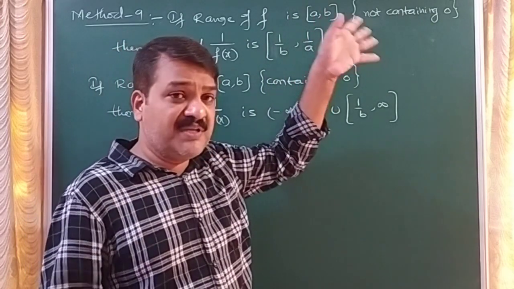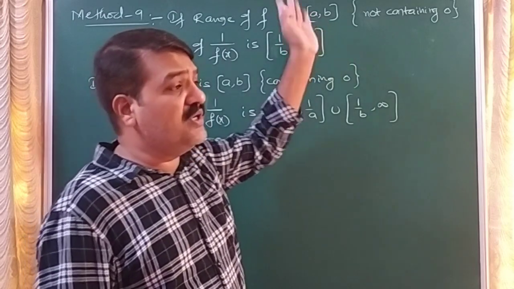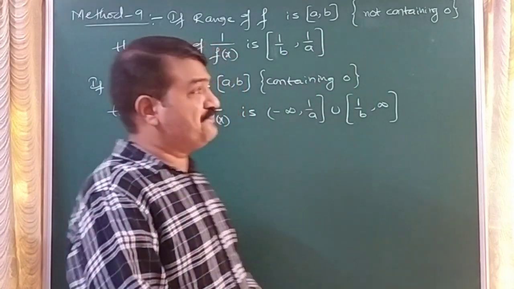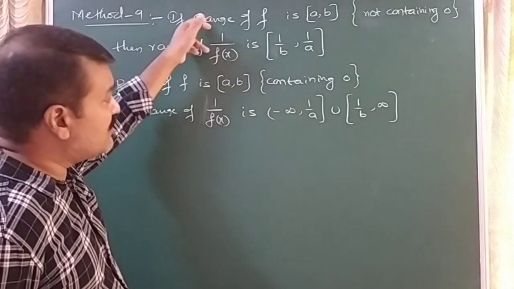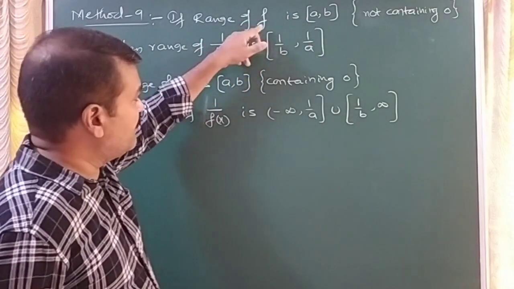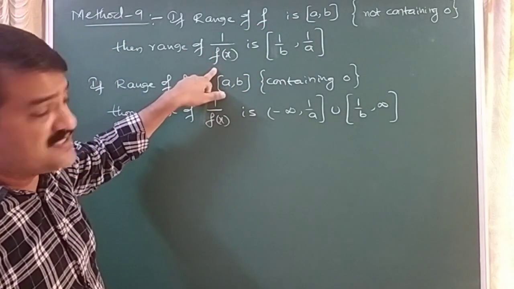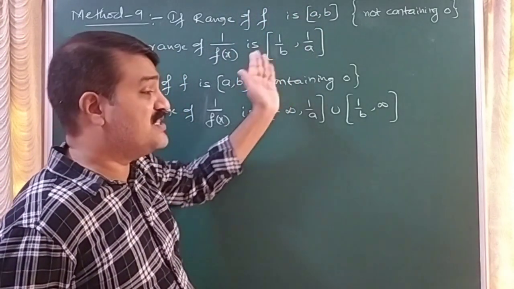Not containing 0 means either only negative values are there in the interval or only positive values. Then the range of 1 by f of x will be given by this: if you want range of 1 by f of x, just reciprocate these two and interchange the terms.